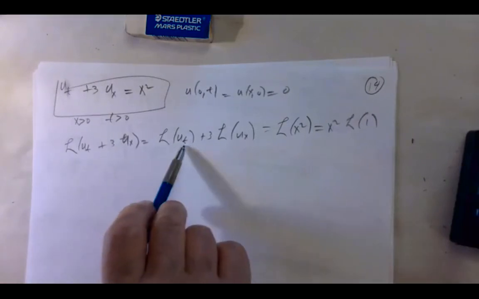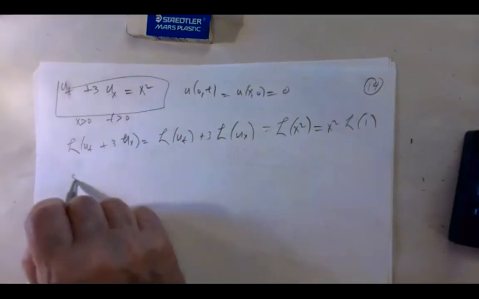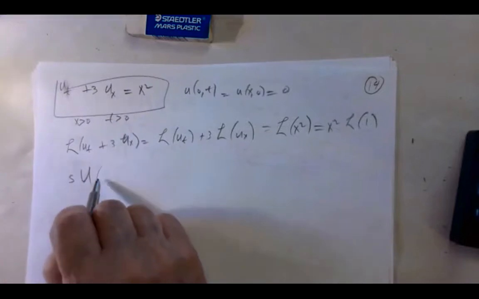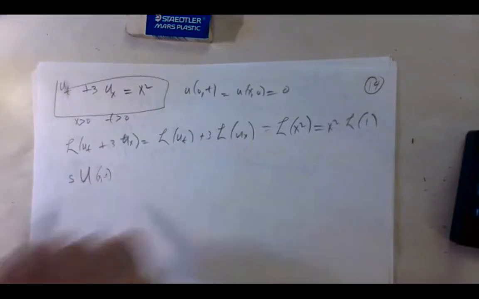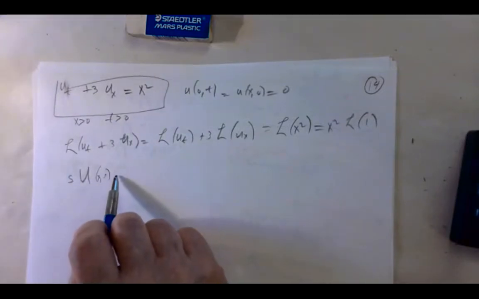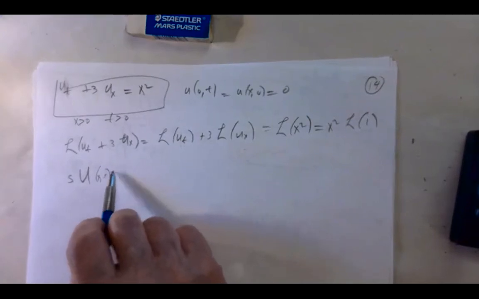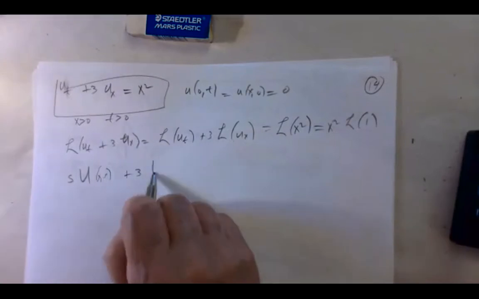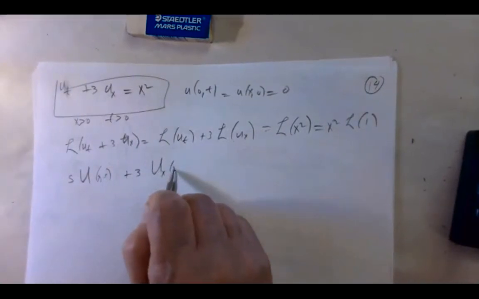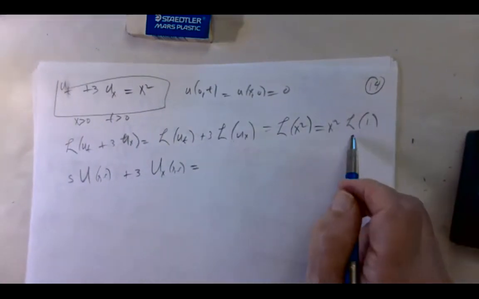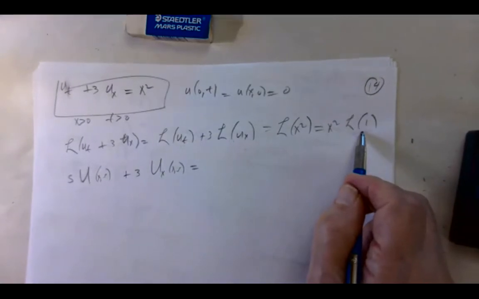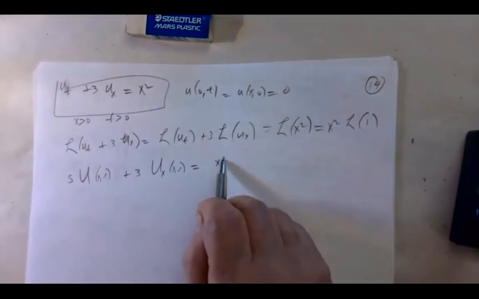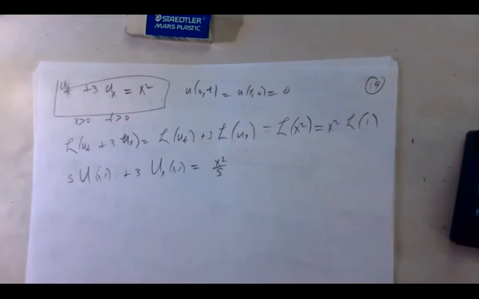The Laplace transform of u sub t is sU of x, s minus u of x, 0, which is 0, plus 3 U sub x of x, s equals, what's the Laplace transform of 1? It's 1 over s.